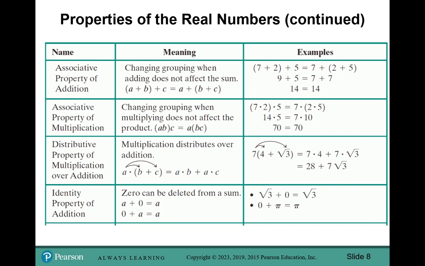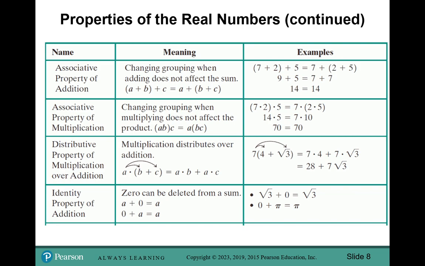If we have A times (B plus C), I need to distribute that A to that B and that C, so that it looks like A times (B plus C) equals A times B plus A times C. In an actual problem, 7 times (4 plus the square root of 3) is the same thing as 7 times 4 plus 7 times the square root of 3. 7 times 4 is 28, and the other piece is simply 7 square root 3. So our final answer is 28 plus 7 square root 3.